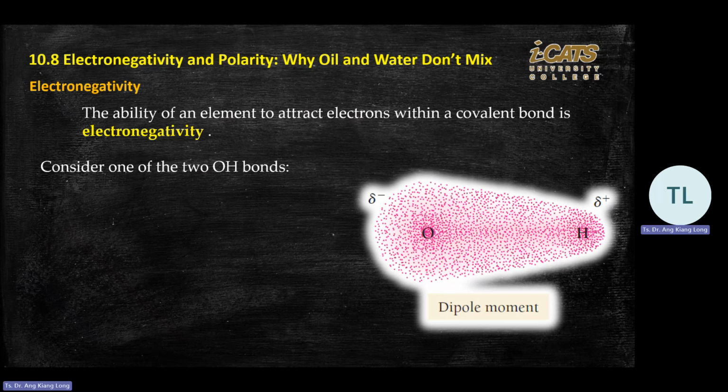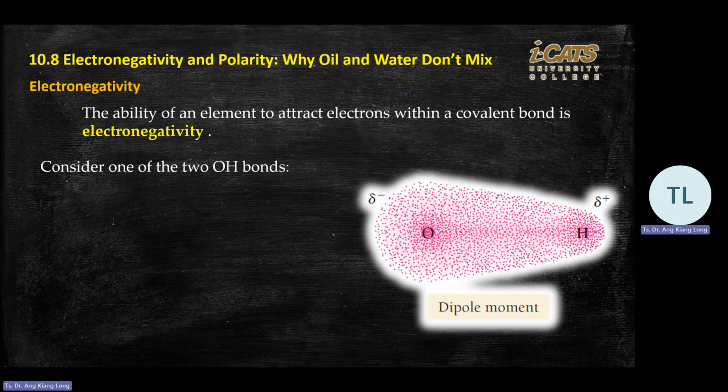If it has more tendency to become positive, you flip the word electronegativity to electropositivity, for hydrogen in this case. So delta negative means oxygen has higher electronegativity than hydrogen.